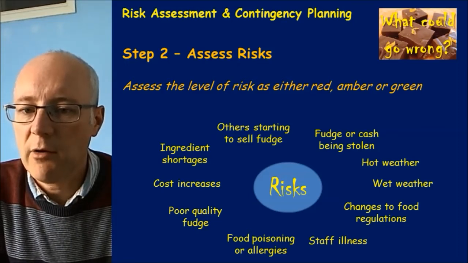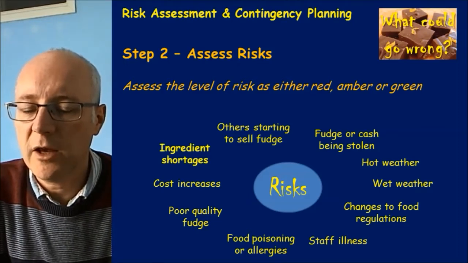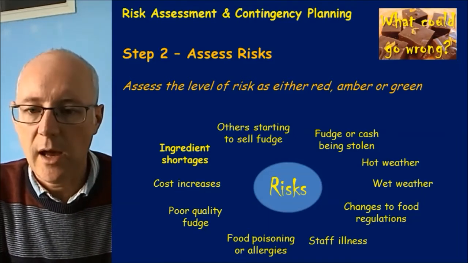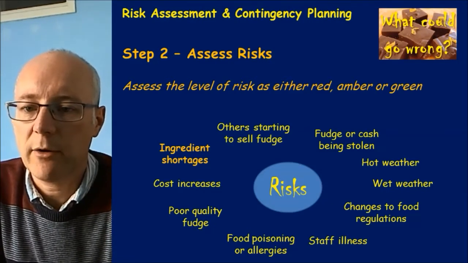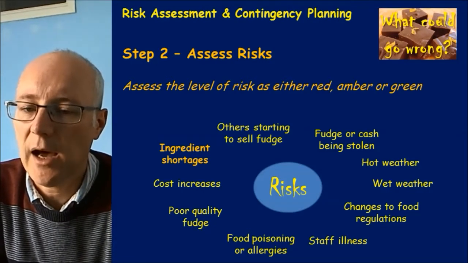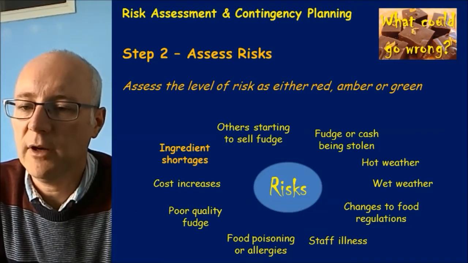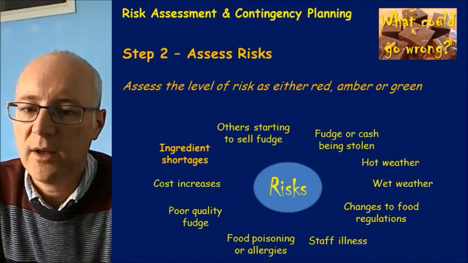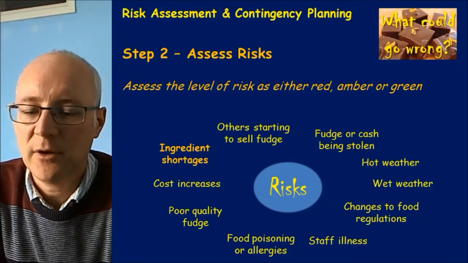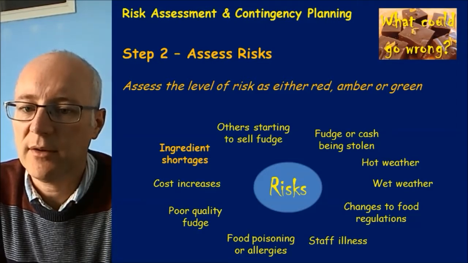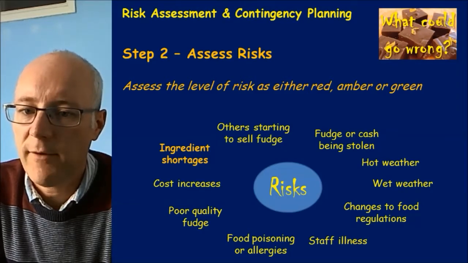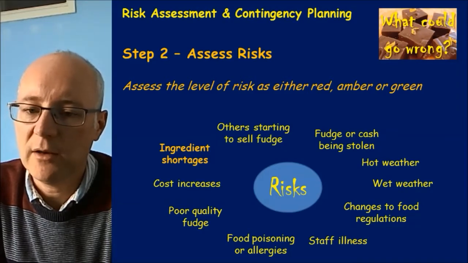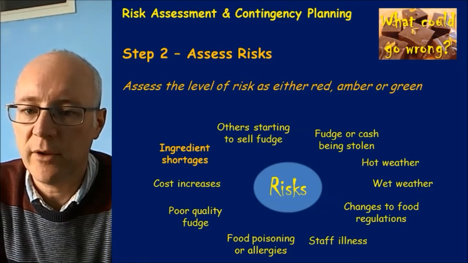So going around my list of risks, first of all, ingredients shortages. I've decided that's going to be an amber risk. At the moment, particularly in the coronavirus situation, there's a fairly high likelihood of ingredients shortages, but it's not going to have catastrophic consequences on my business if there are some ingredients shortages, provided I can fairly soon get those ingredients, or I can look for alternative sources for those ingredients.